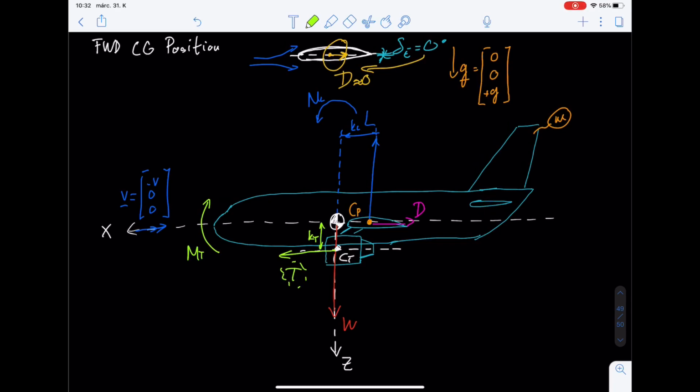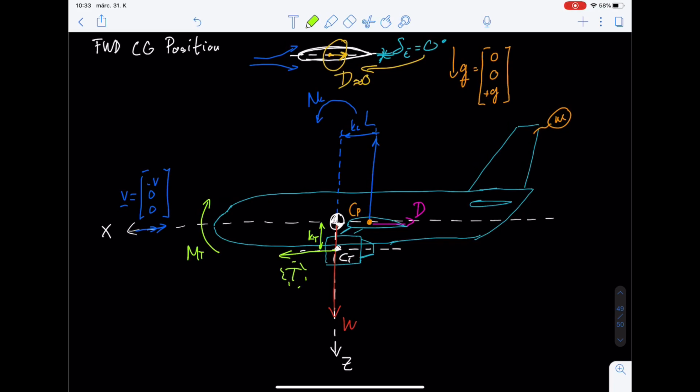In that case, the only way they could alter their pitching moment was by altering the thrust, right? Because it's visible that if you change the thrust, the pitch up moment is going to change. And if the center of pressure is not too far to the back, this could actually make the aircraft controllable to some extent, right?